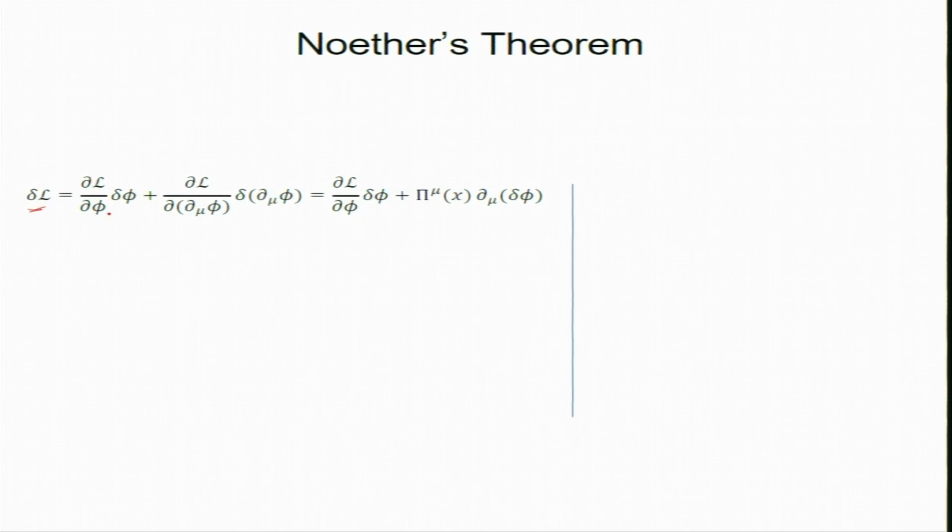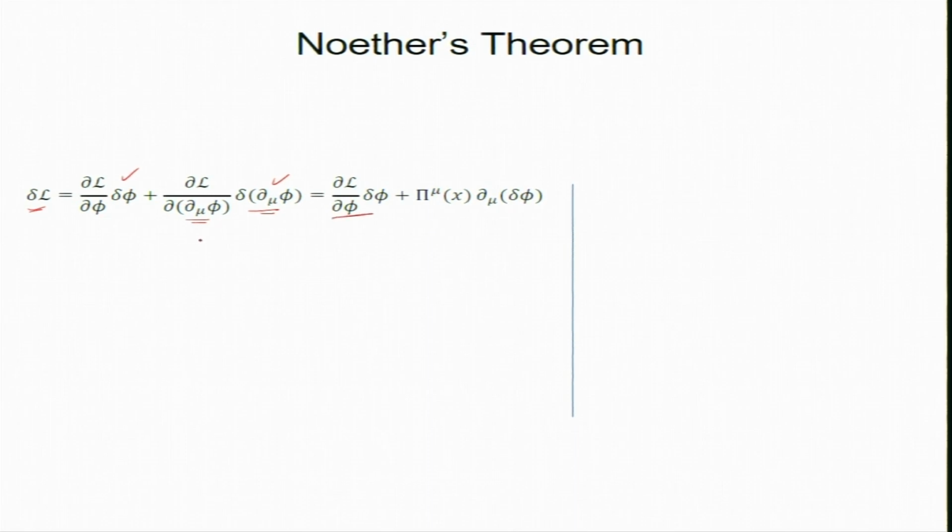So, delta L is ∂L/∂φ δφ plus ∂L/∂(∂_μ φ) multiplied by δ(∂_μ φ). So, this is a derivative. The Lagrangian can change due to a change in phi as well as due to a change in the derivative. These are two contributions. We rewrite it, the first part remains as is.